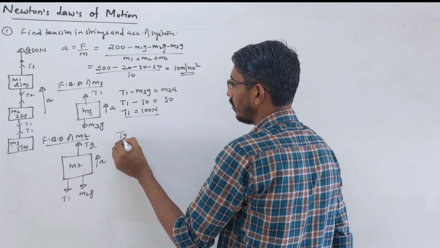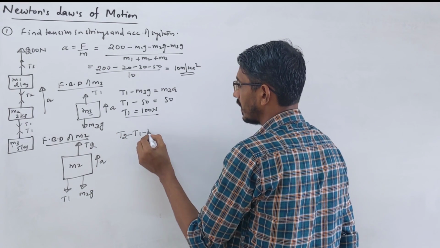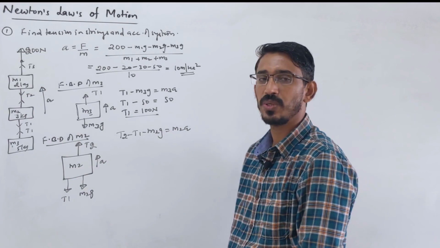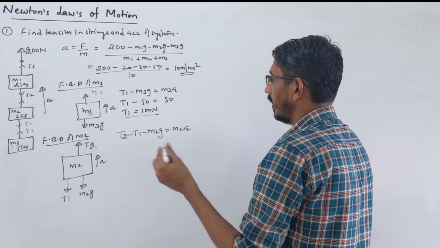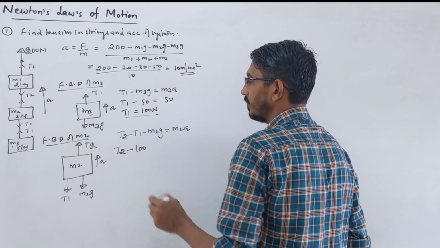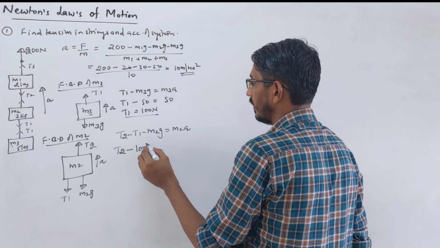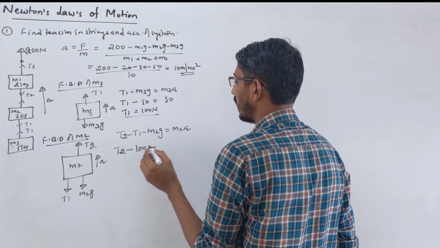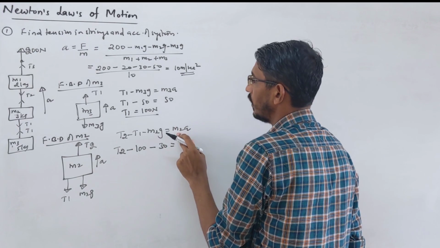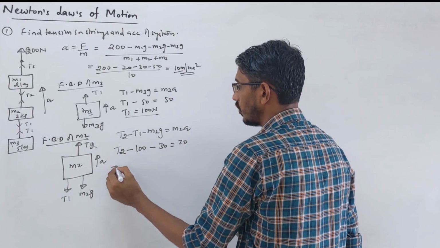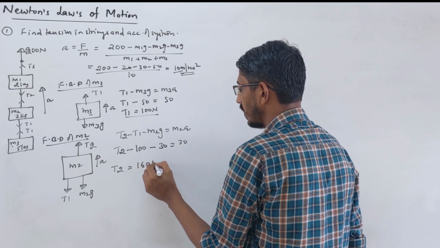T2 minus T1 minus M2G is equal to M2 into A. This net force is equal to MA. T1 we already know is 100 Newton. Then minus M2G. M2 weight is given 3 kg, so it becomes 30 Newton. M2 into A: 3 into 10, this also becomes 30. So T2 becomes 160 Newton.